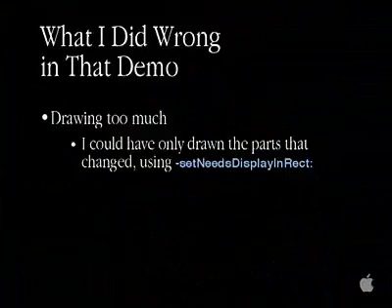I can find out the bounds of the paths that I'm drawing, and tell AppKit that I'm only going to need to change the rectangle that the transformed path lies inside of. And I also made lame excuses, because it's just a demo and I don't have to be the best coding expert in the demo.